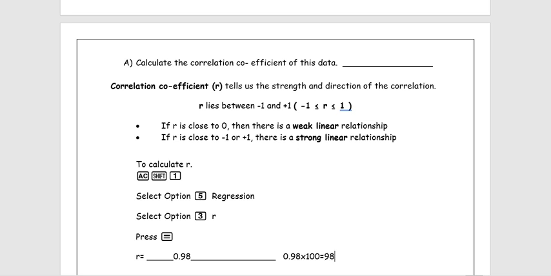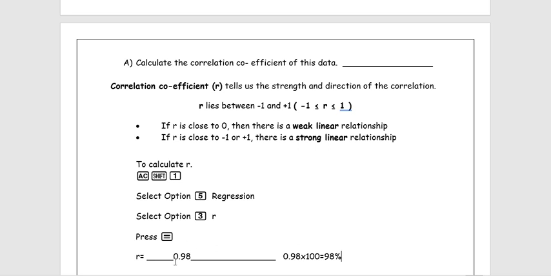I'm going to see that my answer is 98%. Now, if you have got a 98% chance of something happening, it is therefore going to be very strong.